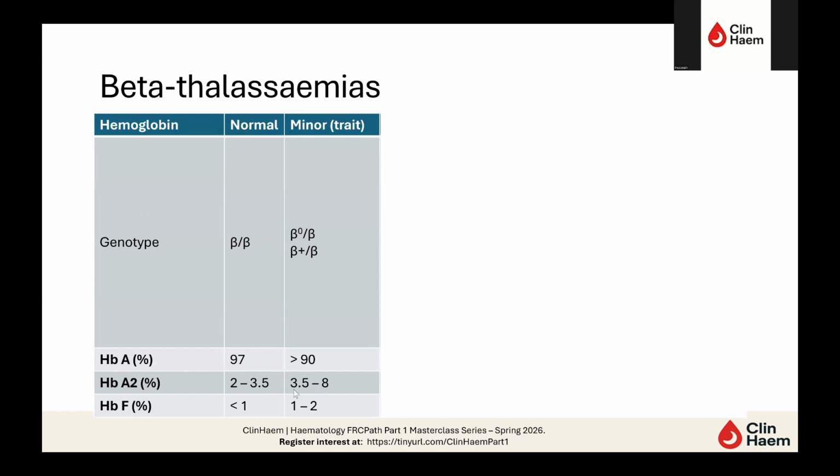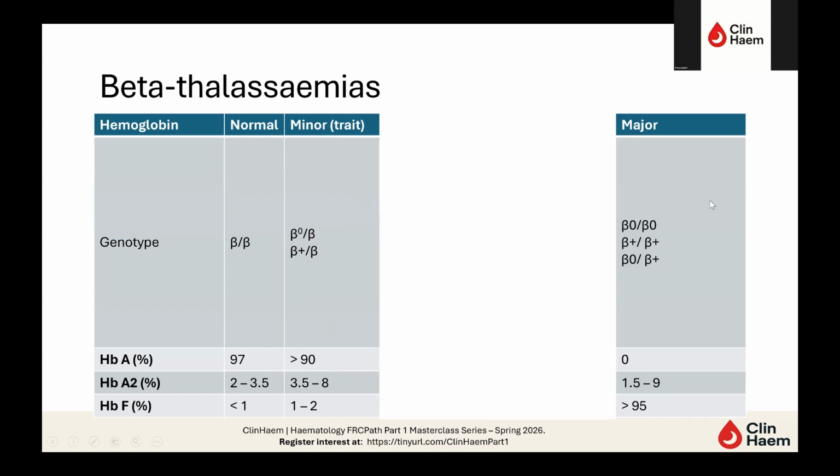And the only thing that will help you is the HbA2 being high, up to 8%. More than 8% is seen in some other conditions, which we will discuss in another session, hopefully, because it will complicate things. Because they've got decent amounts of HbA, they are asymptomatic, and this is not an illness.